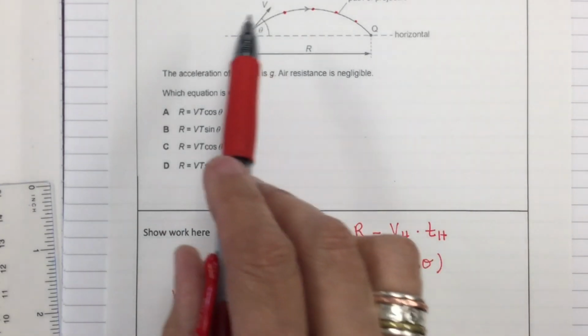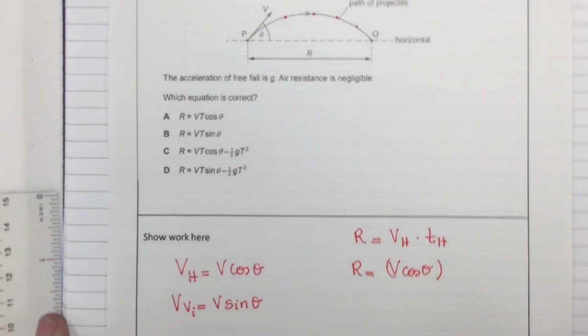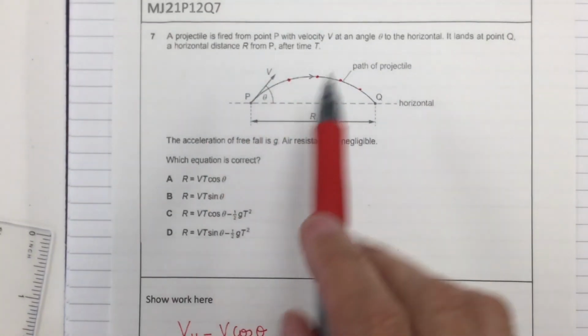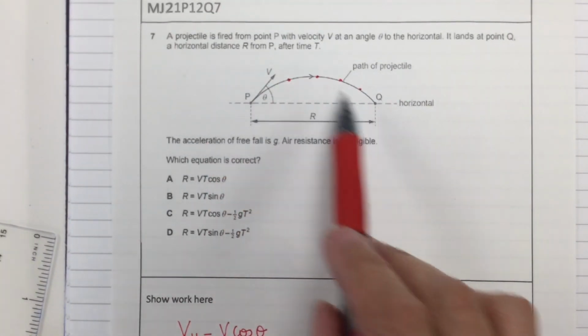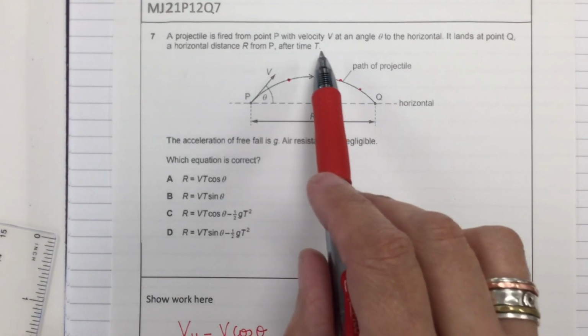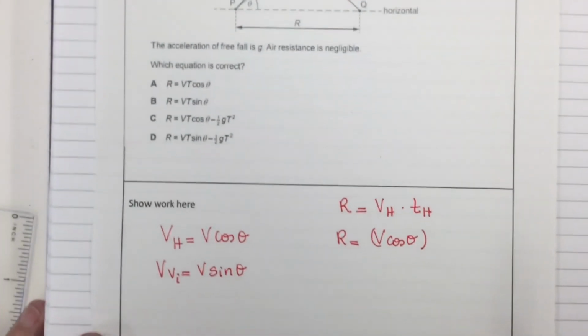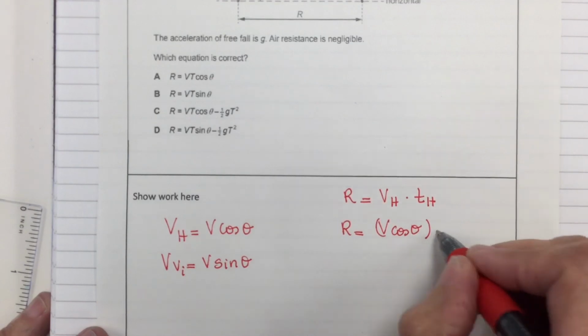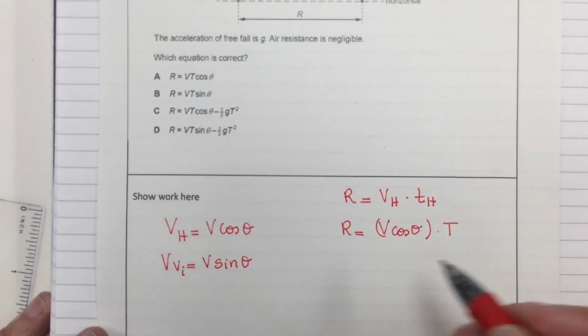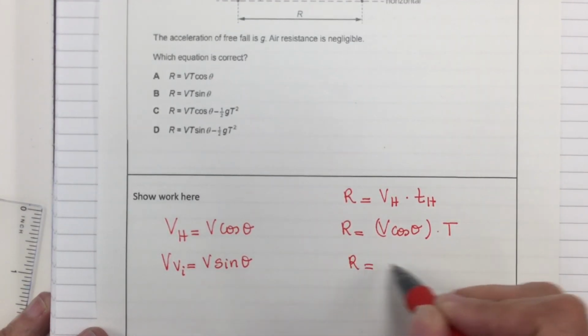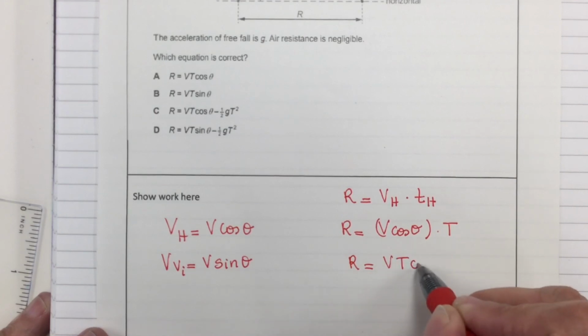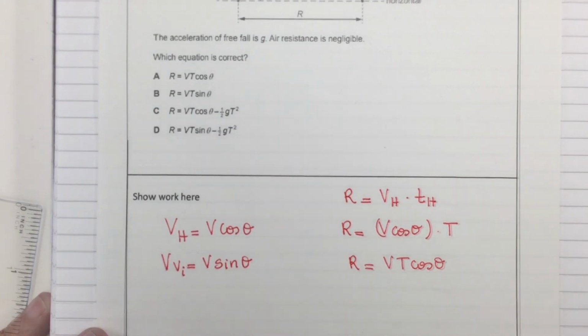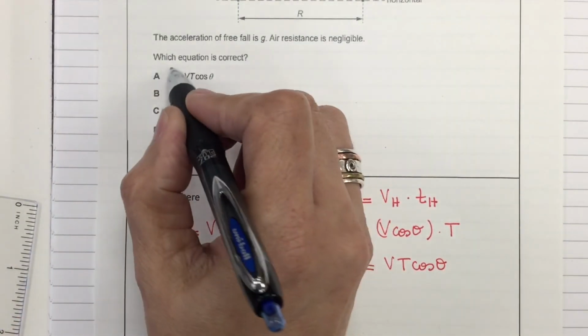The story says that the total time from P to Q is uppercase T, so we replace this time with the uppercase T. We can rearrange this formula as vT cosine of theta. So the answer is A.